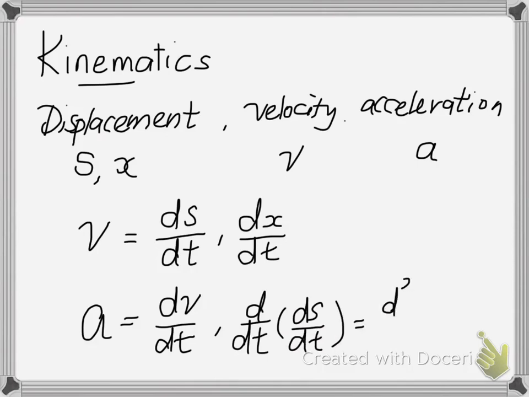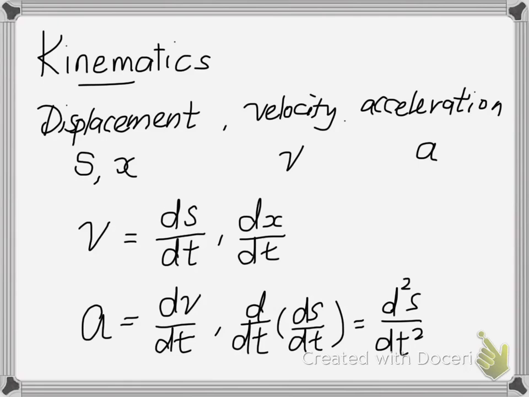So this gives you the second derivative. Right? And since this is going forward from displacement, and then velocity, and then acceleration, if you know the displacement, you can find its velocity and its associated acceleration, right? So this is how you do it.